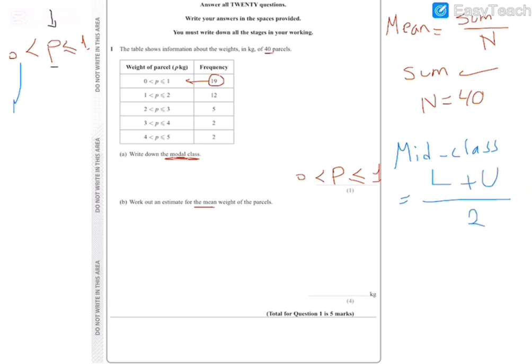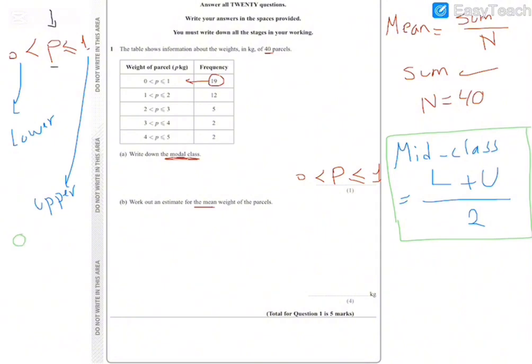For example, here is the lower limit of the class. This is the upper limit of the class. So before we find the sum, we must find the mid class of each class. So for number 1, 0 plus 1 over 2 equals 0.5. And the second one, 1 plus 2 over 2, will be 1.5.